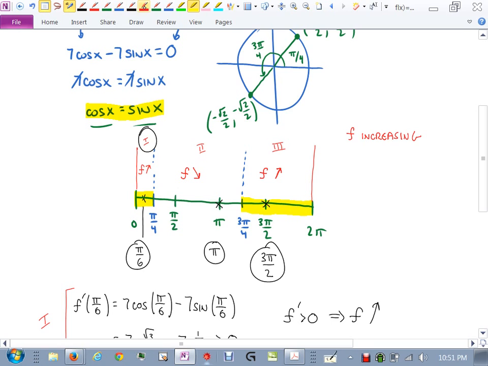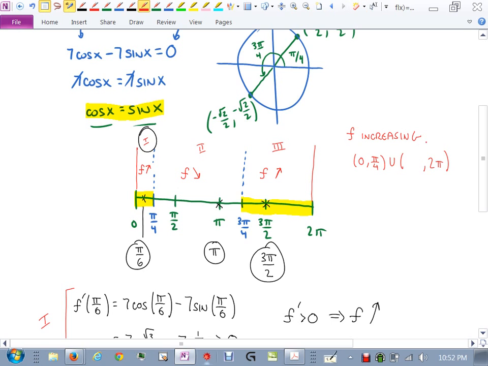So the way we'll say that is 0 to pi over 4, and then we could use a union symbol, 5 pi over 4 to 2 pi. 3 pi over 4, sorry.